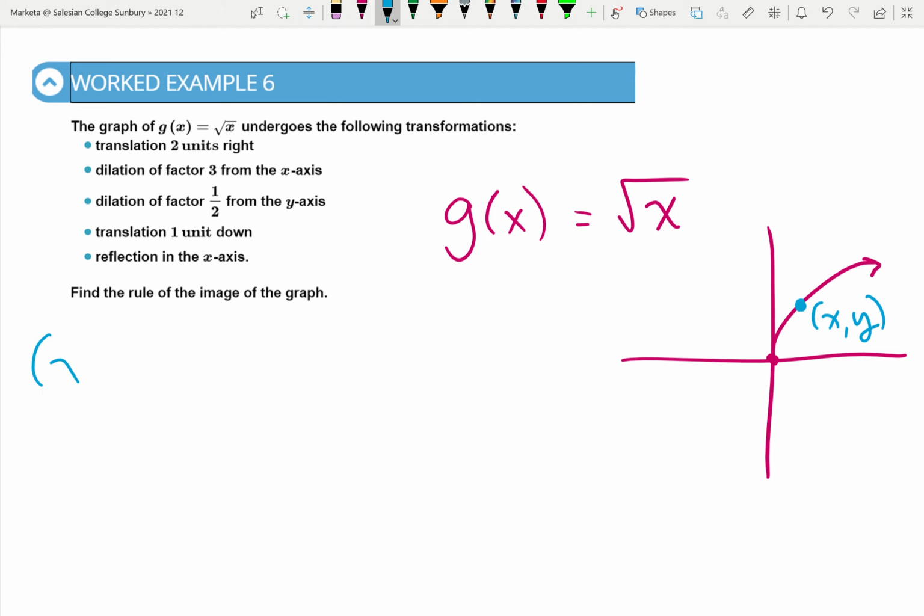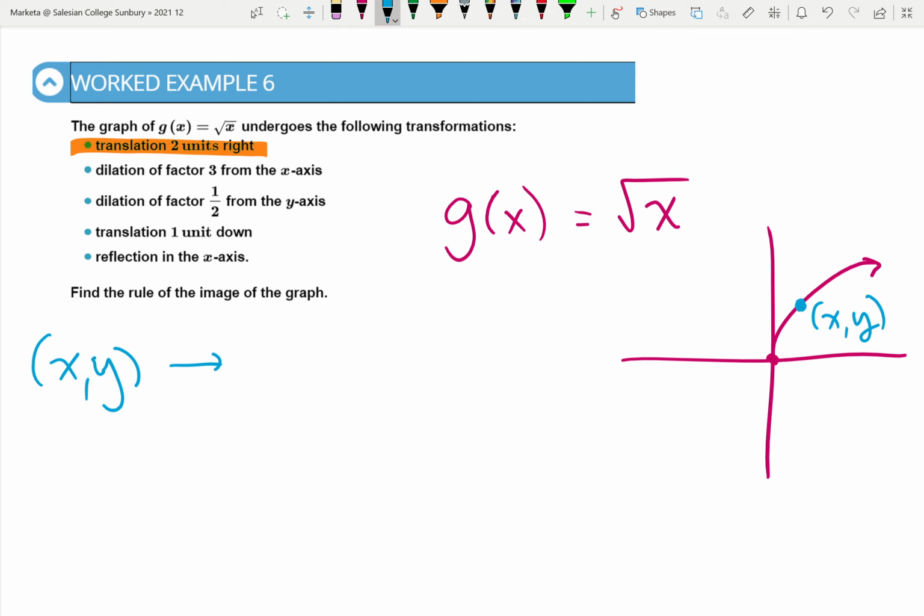So I start with xy, and then, sorry, translation 2 units right, I missed that one. We want to do it in the order that's given to us. When we describe the transformations, we would talk about dilations and reflections first, but when we are building up an equation, we always go in the order that's given. So definitely the translation 2 units right.